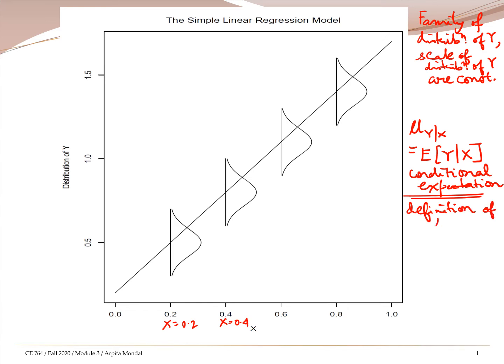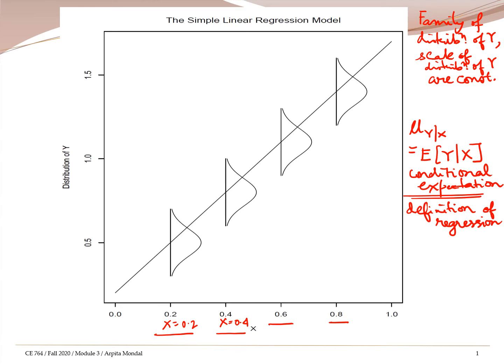When someone asks you what you mean by simple linear regression model, what does the word regression mean? Regression means nothing but the conditional expectation, the expected value of y given x, which is also denoted by mu of y given x. And that is what is changing at different levels of x, x equal to 0.2, 0.4, 0.6, 0.8, and so on.